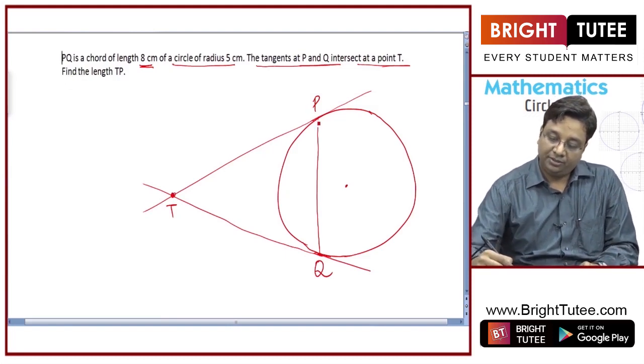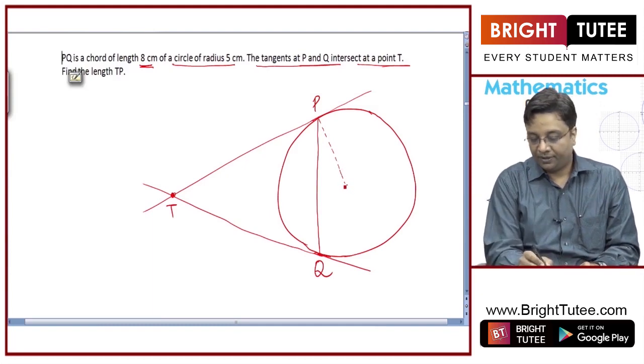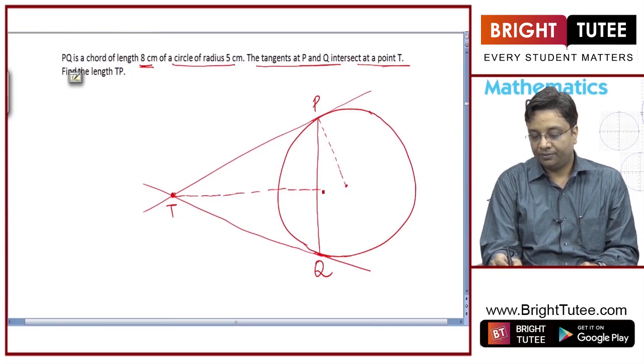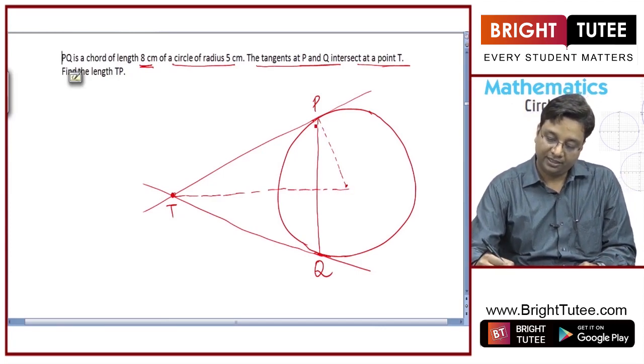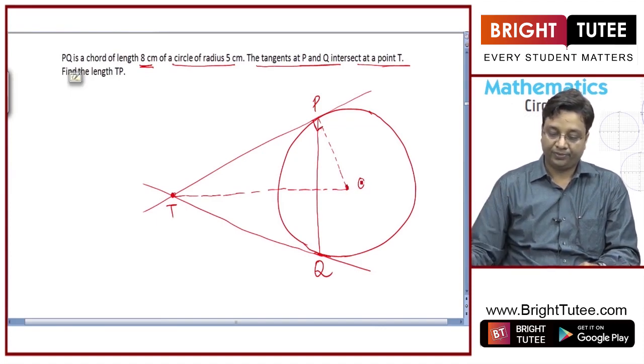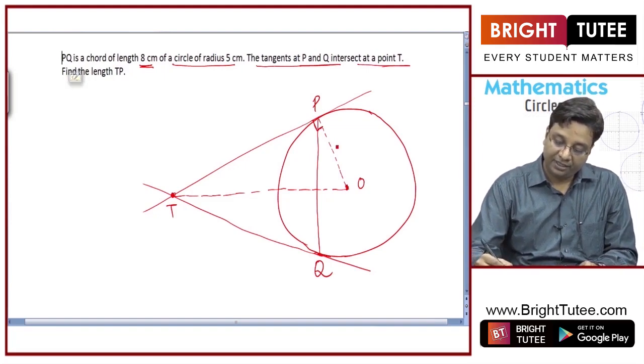Now let's join these points. Let's join this here and let's join this here. What is this angle? This angle is 90 degrees. Okay, let's name the center as O, right? We need to find length TP and we are given that this length is 5 centimeter. Why?